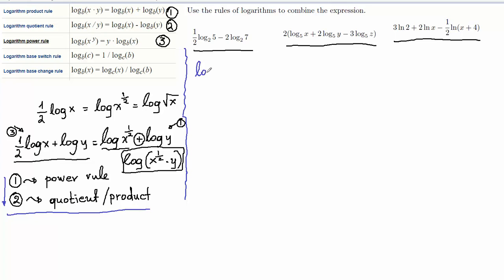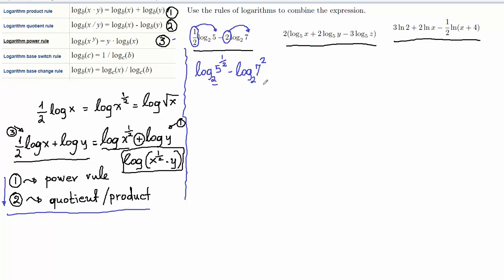The base of the logarithm is 2, and I can write this as log base 2 of 5 to the 1/2, minus, I can apply property 3, the power rule, to the second logarithm as well, and this is nothing else than log with base 2 of 7 squared. So I bring my constants as exponents to the argument. My constant right here, I make it an exponent of the argument of the logarithm.